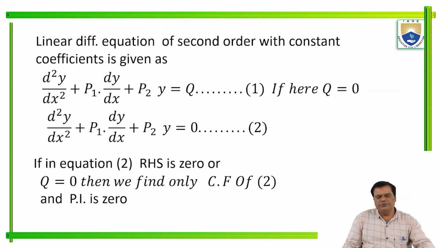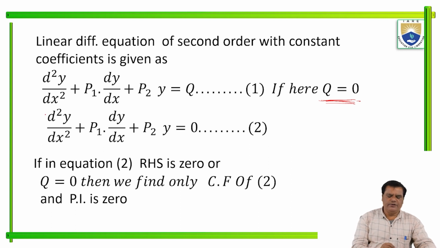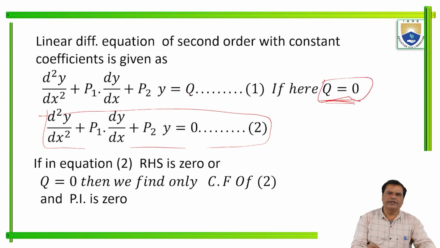A linear differential equation of second order with constant coefficients is given as this. I have taken it as equation 1. Here Q is 0. If Q is 0, then this equation converts into the second equation.